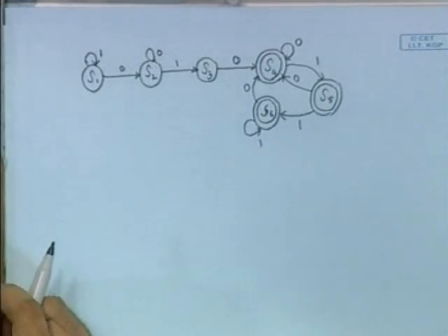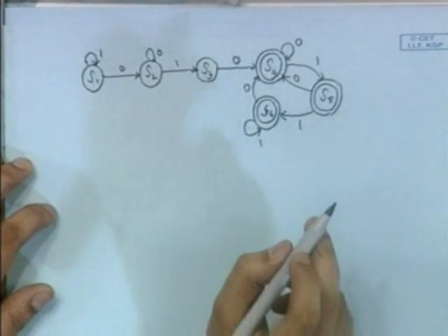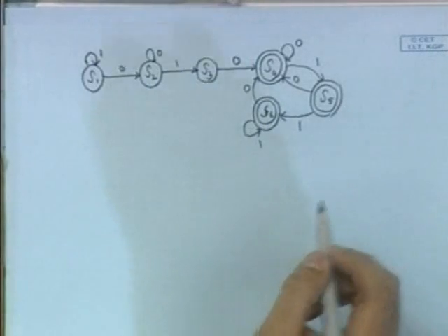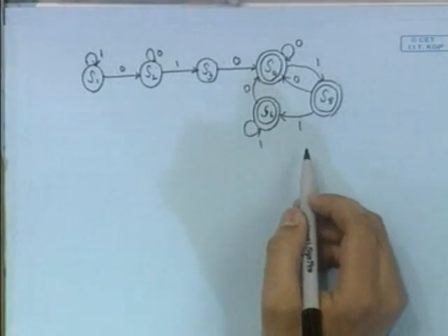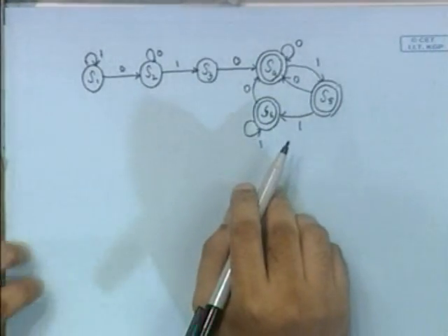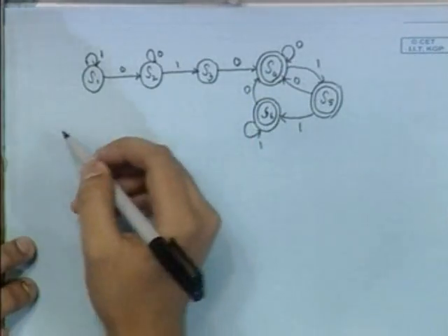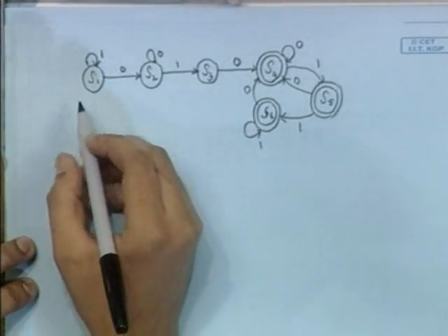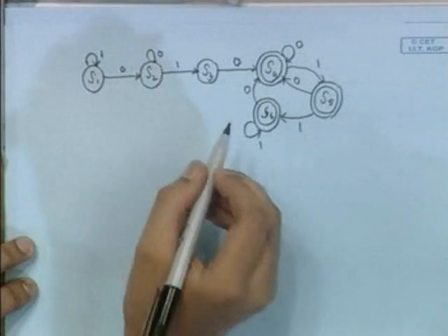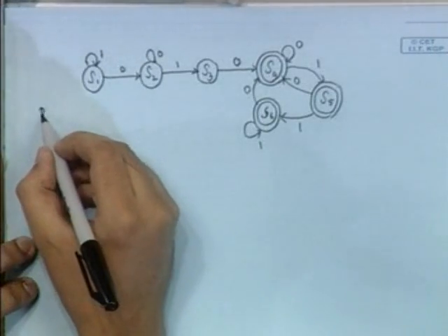So this is a Moore machine which has 6 states, 4 final states, and we will show which of the states are equivalent and which are not. So we can readily find out the state diagrams.